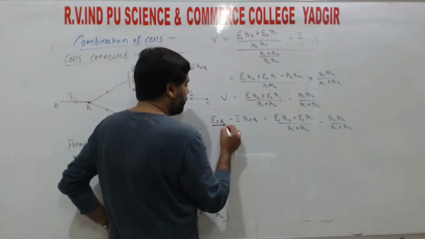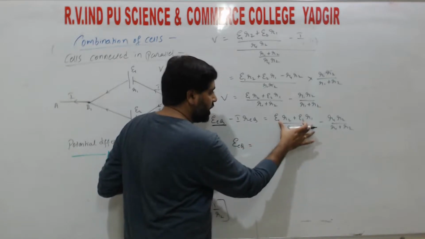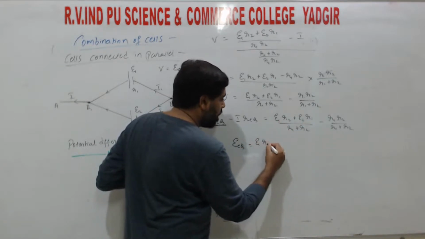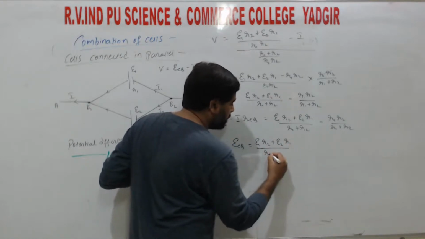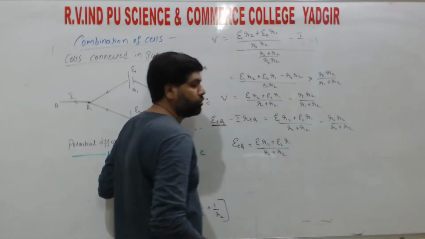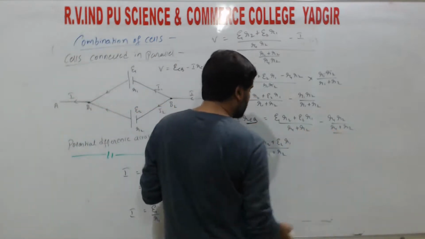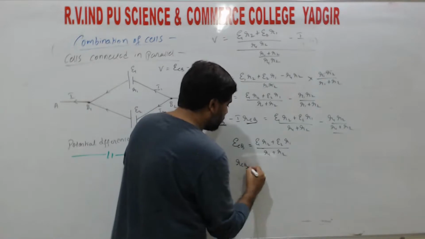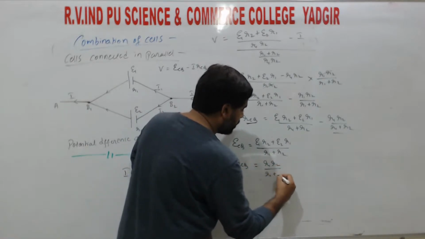So E equivalent is equal to E1 R2 plus E2 R1 divided by R1 plus R2. Comparing these two, R equivalent is equal to R1 R2 divided by R1 plus R2.